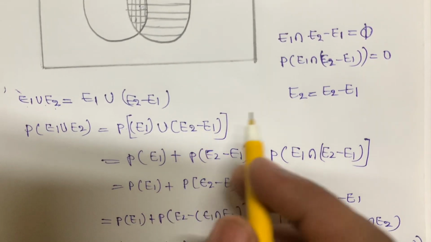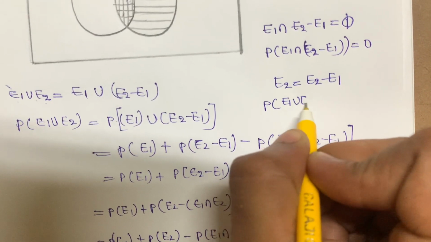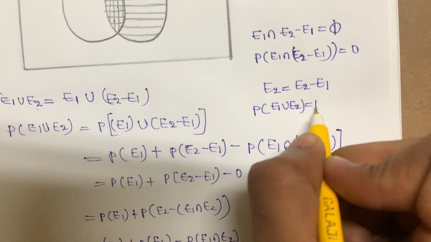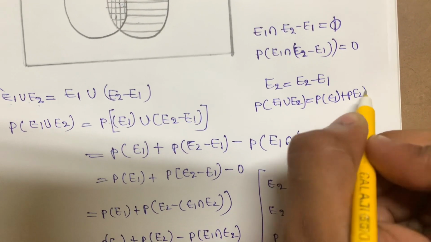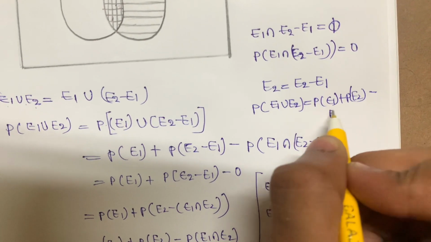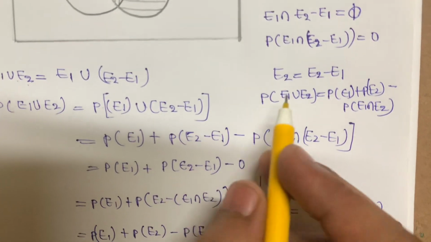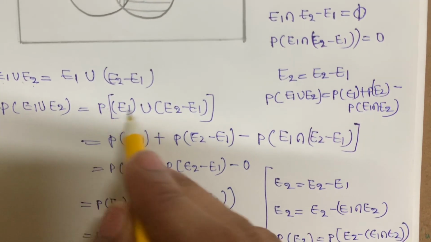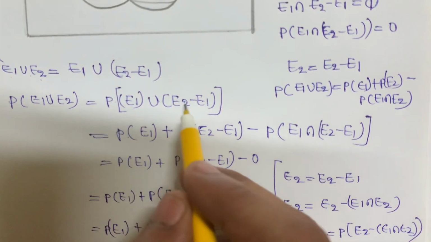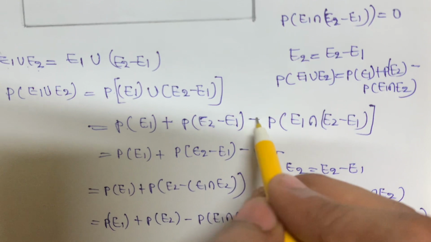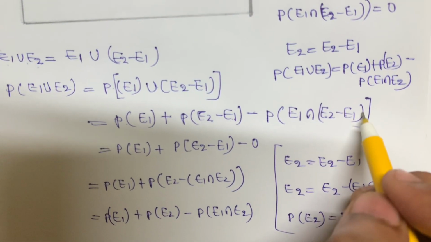Now from this, probability of E1 union E2 equal to probability of E1 plus probability of E2 minus E1, by using this formula, we are writing probability of E1 plus probability of E2 minus probability of E1 intersection E2 minus E1.